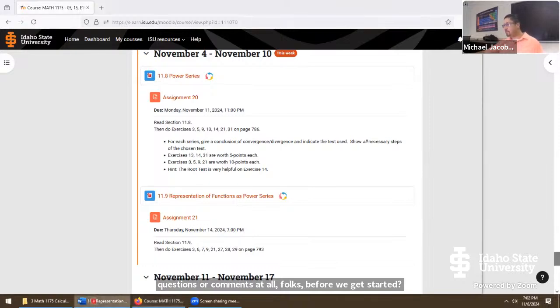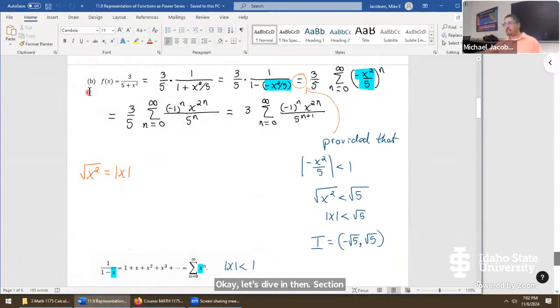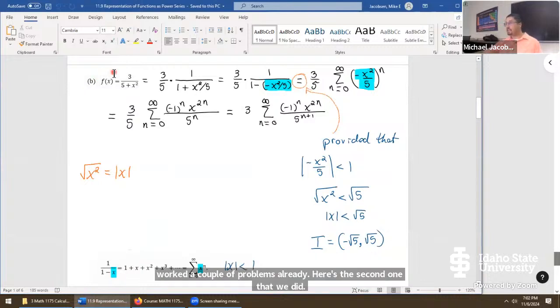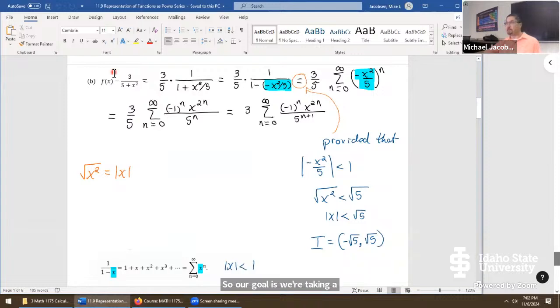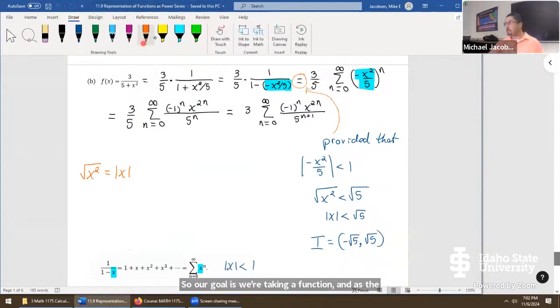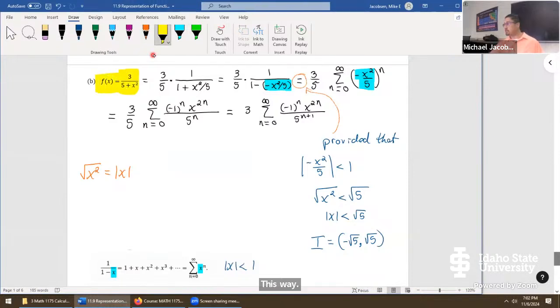Section 11.9. We worked a couple problems already. Here's the second one that we did. So our goal is, we're taking a function, and as the section title says, we want to represent it this way. So as a mathematical function, this has a pretty big domain, all real numbers. But sometimes we prefer to have a power series, and here's that same function as a power series.